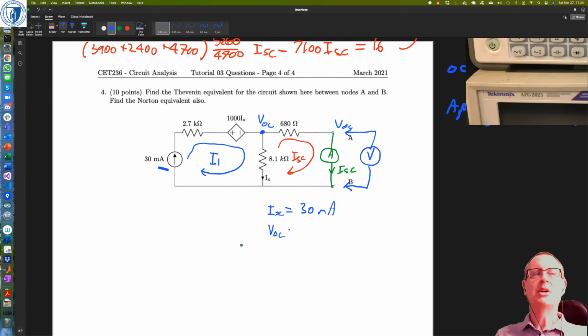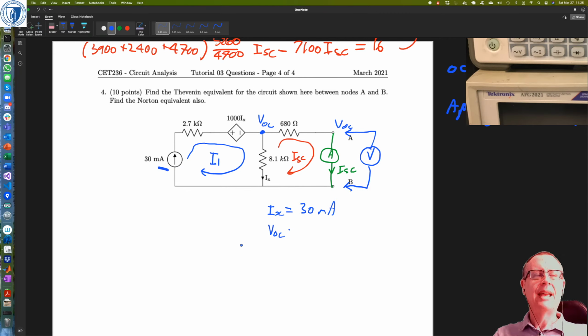Because there's a current source on the left-hand side of 30 milliamps, and if we think about this circuit using mesh analysis, and the reason I'm doing that is because it's currents, and currents tend to work best with mesh analysis, or current dividers, but mesh analysis too.